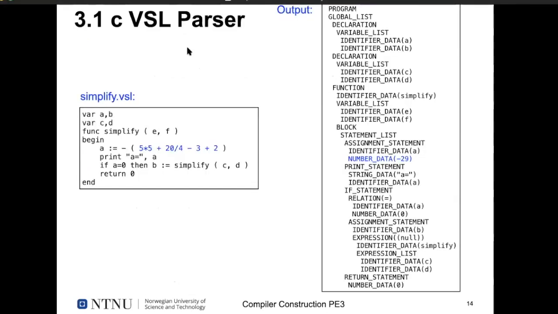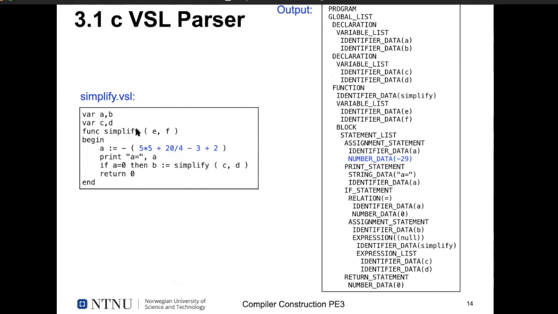All right. So when you do this, and I've taken one of the examples here, simplify.vsl, you can see one thing where this actually already helps. We have two lines with global variables here, A, B, C, D. Then we have a function simplify. I think that should be def simplify here.